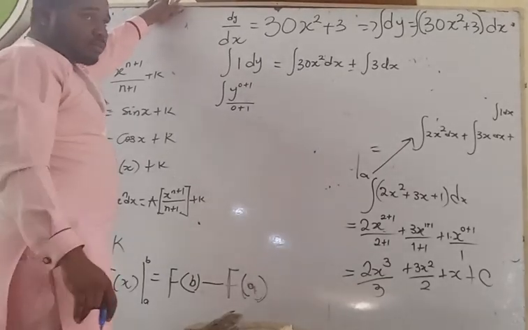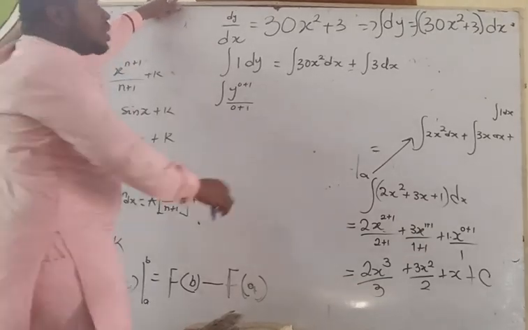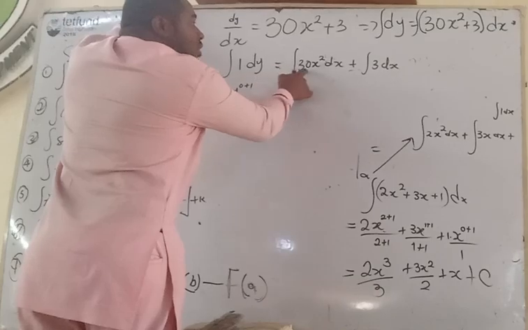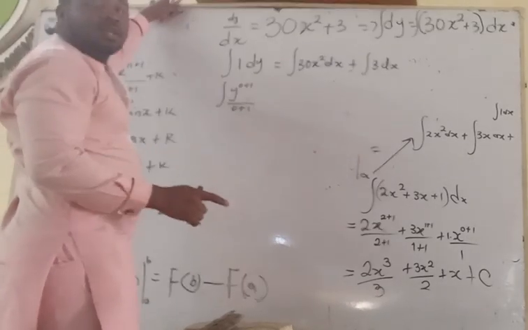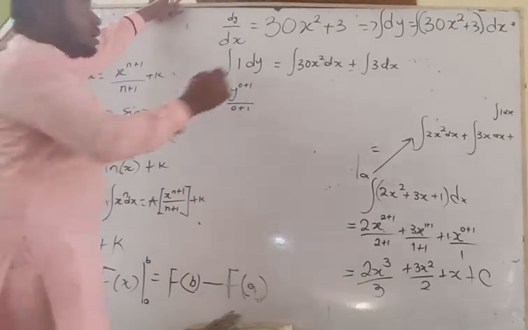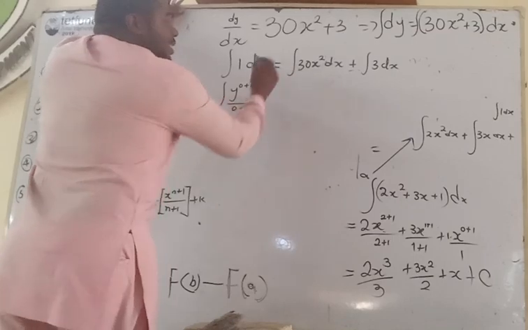Now, similarly, I can decide to push out the 30 because it's a constant. Do you understand me? This is a constant. I can put it in front of the integral.